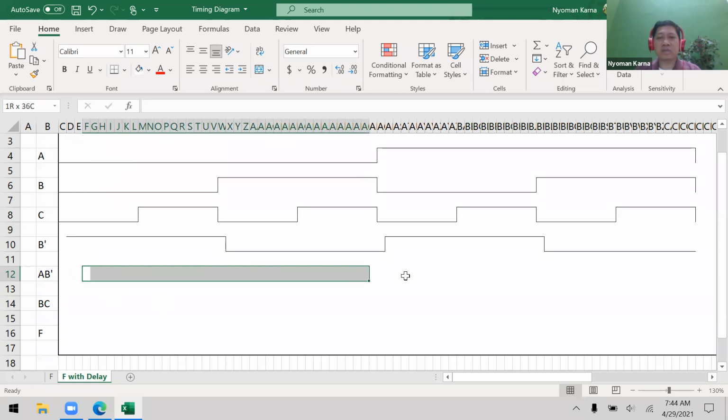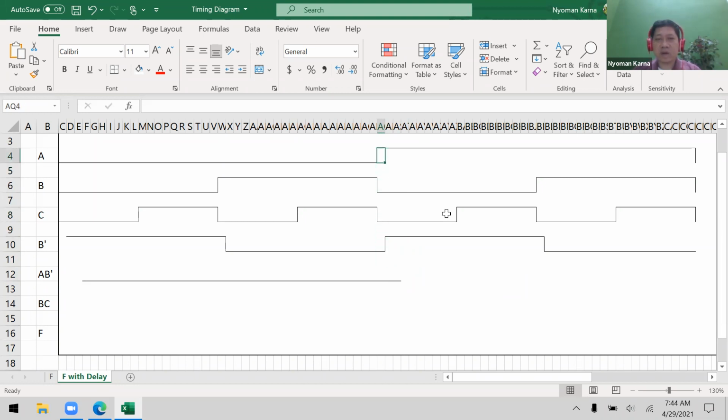So the output will become 0. However, there is 2 millisecond delay. So we're going to delay 2 blocks, 1, 2. So this will be the output for A B naught. And then this is 1 times 1. This is 1 times 1. There is an example of 1 times 0 also.